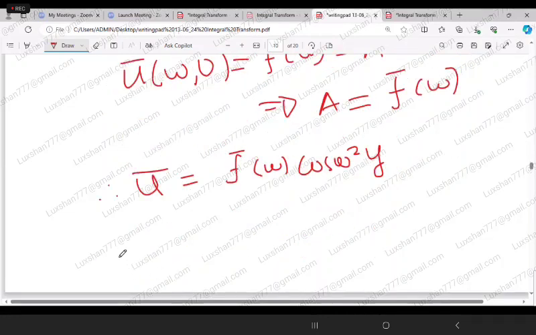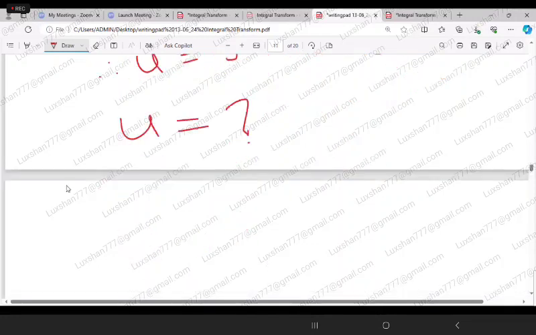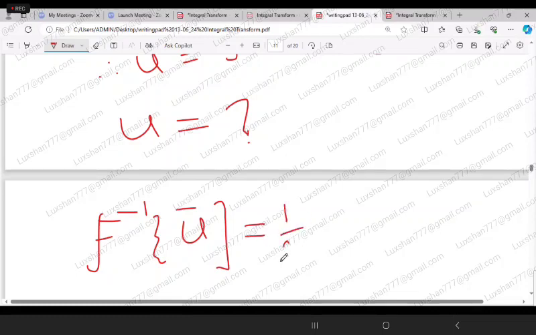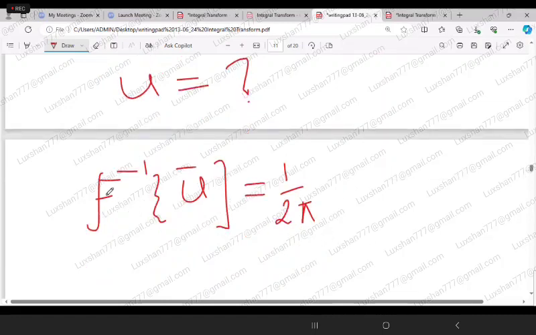But actually we want u. So we have to take the inverse Fourier transform of u bar. That is defined as 1 over 2 pi, integration from minus infinity to plus infinity.